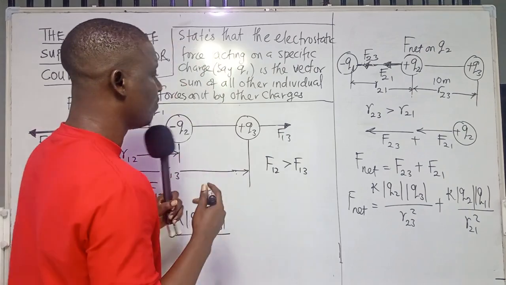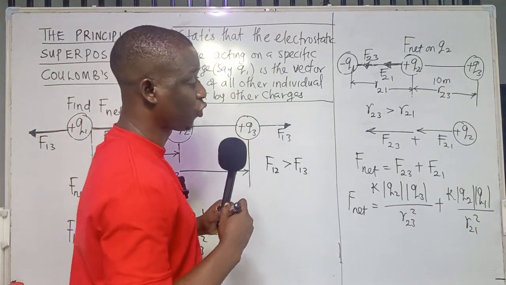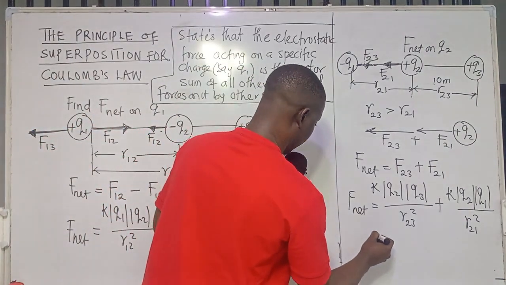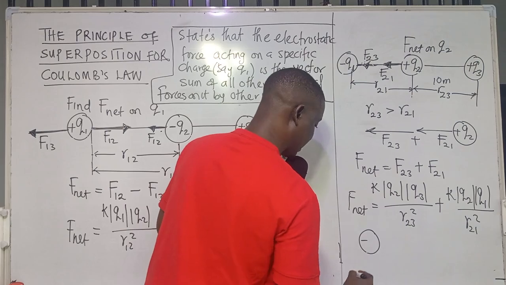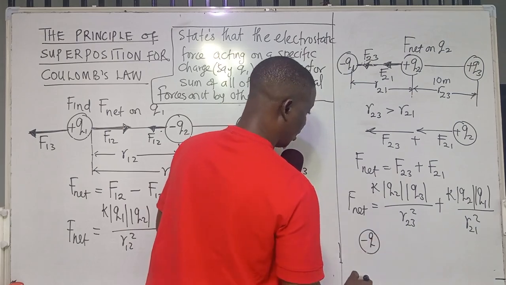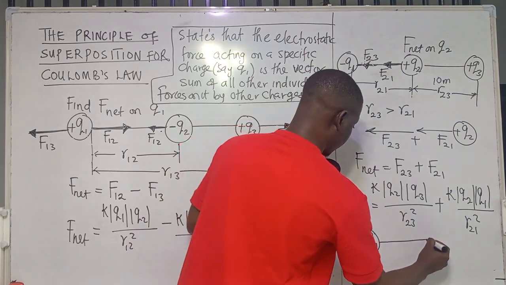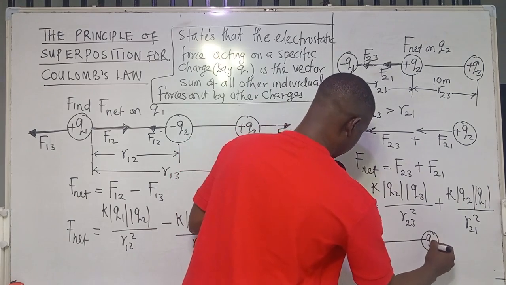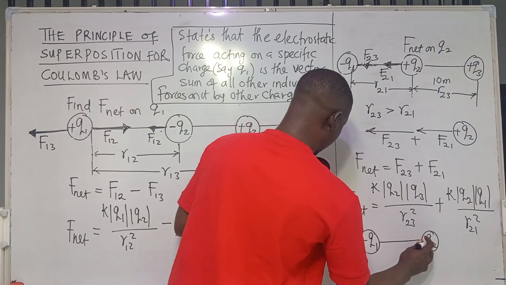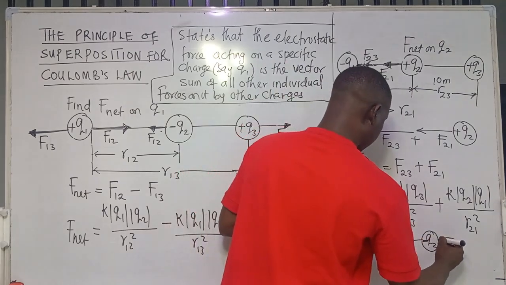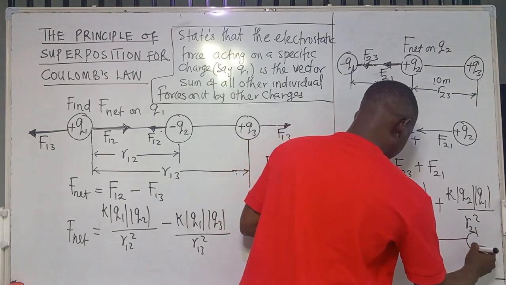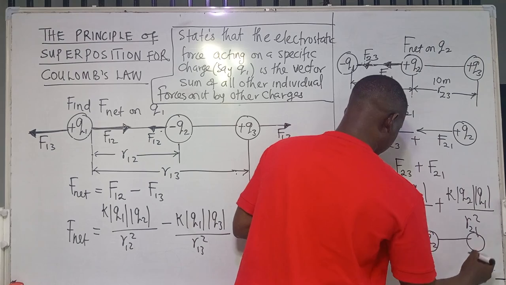So I will give you one assignment to resolve the force for me. Let me give you something like this, okay? You send it to the comment section. Let's say Q1 is negative, Q2 is negative, and Q3 is also negative.